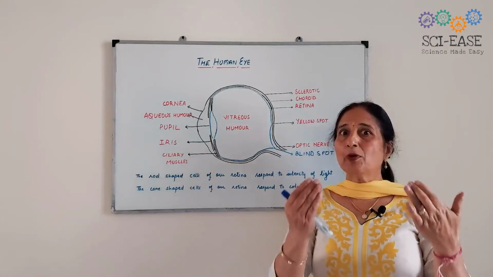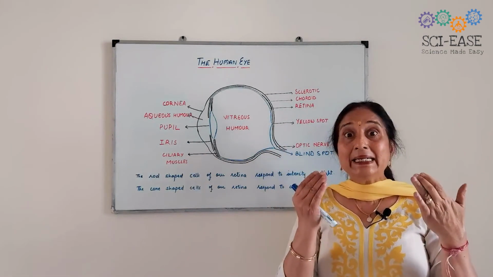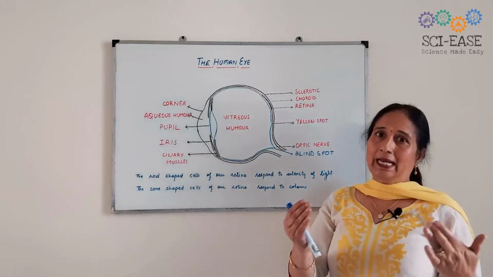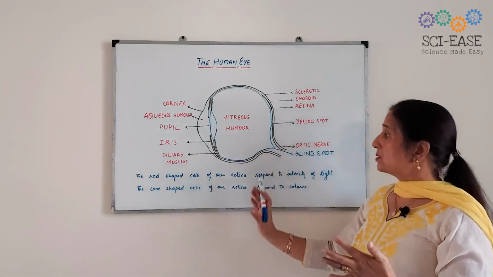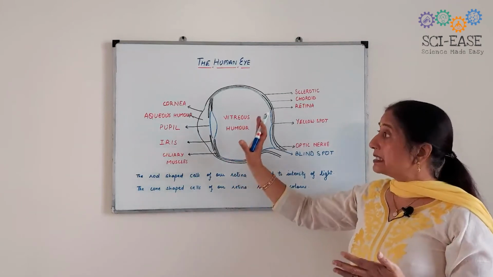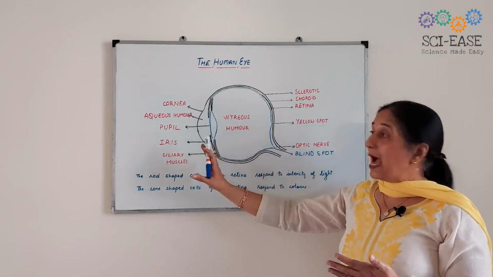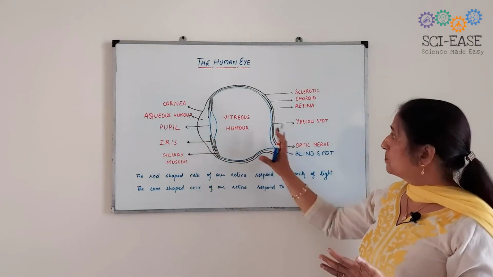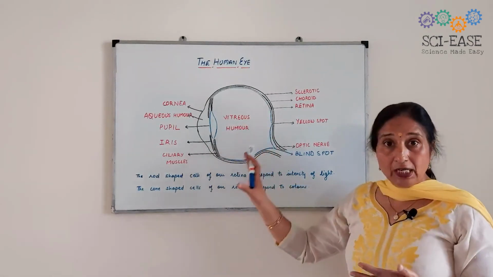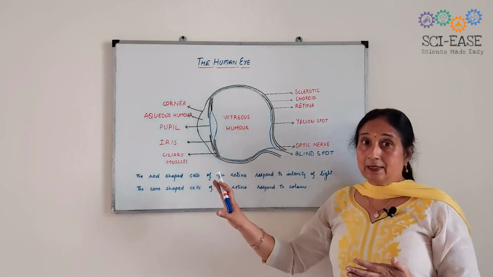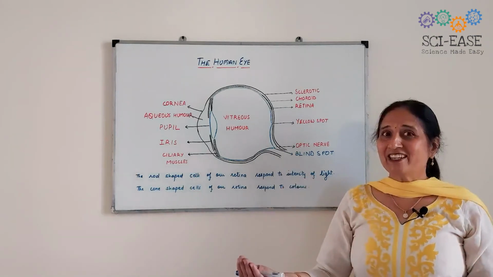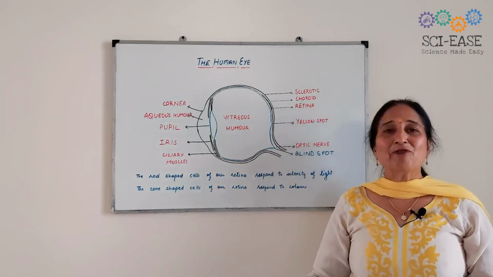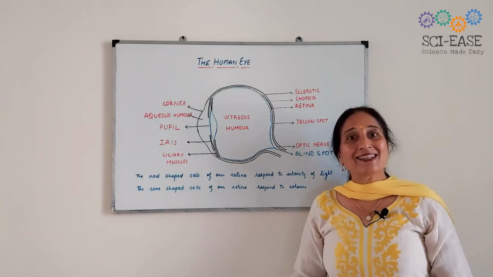The size of the pupil depends upon the intensity of the light. So this is all about the construction and function of these parts of the eye, and we can see the beautiful world by this eye.